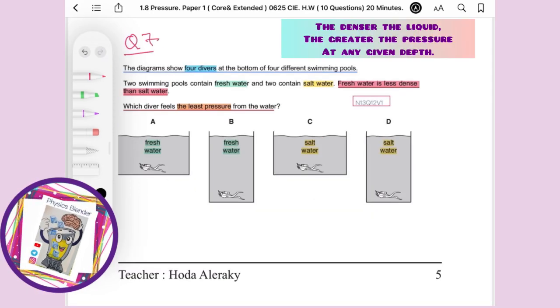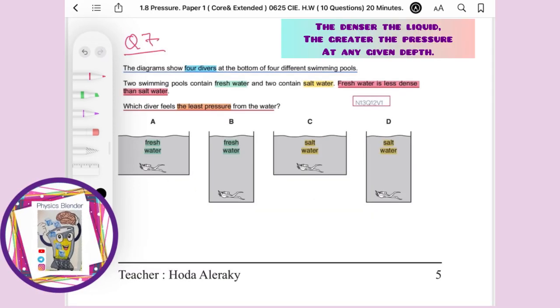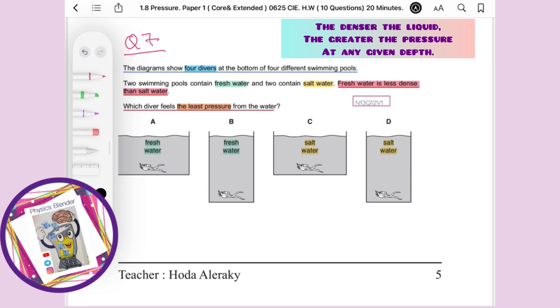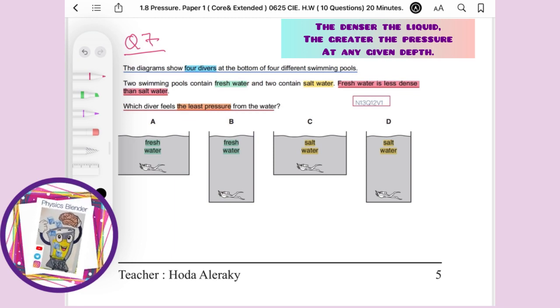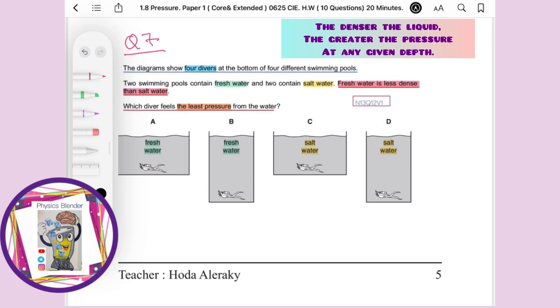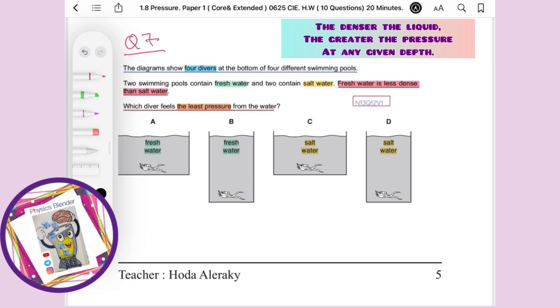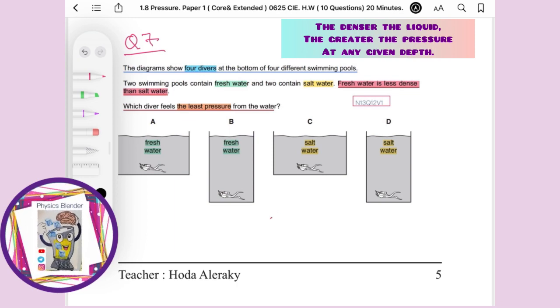Question 7, we have a diagram showing 4 divers at the bottom of 4 different swimming pools. 2 swimming pools contain fresh water and the other 2 contain salt water. Density of seawater is more than density of fresh water.